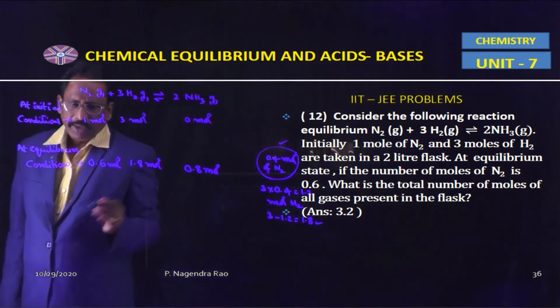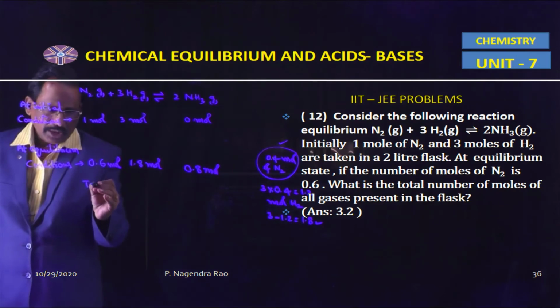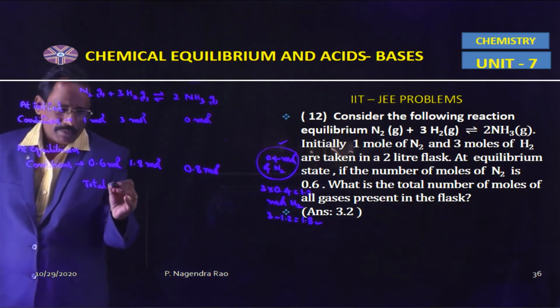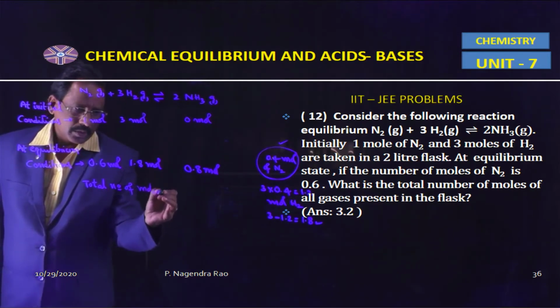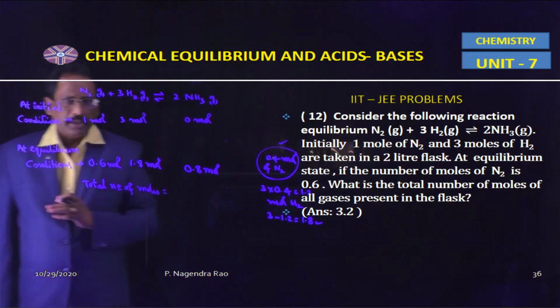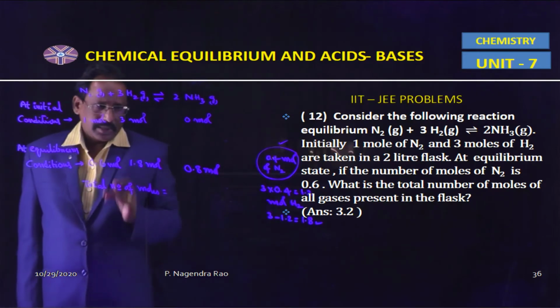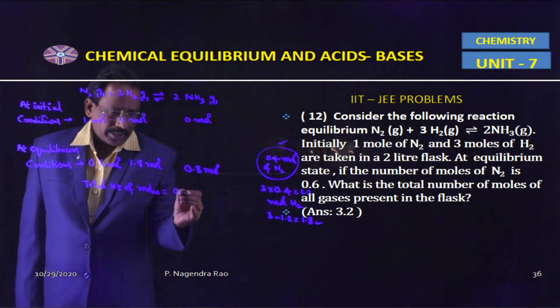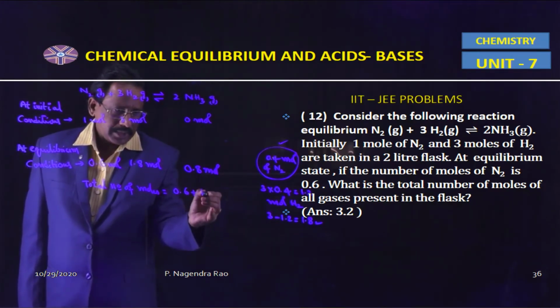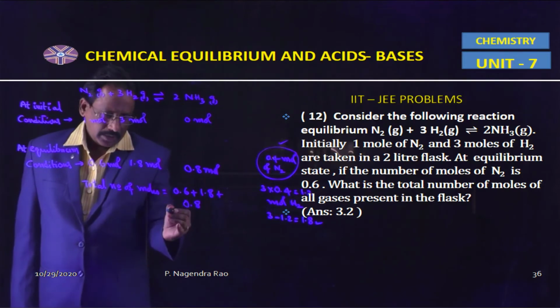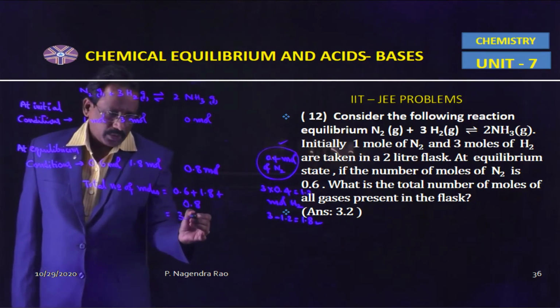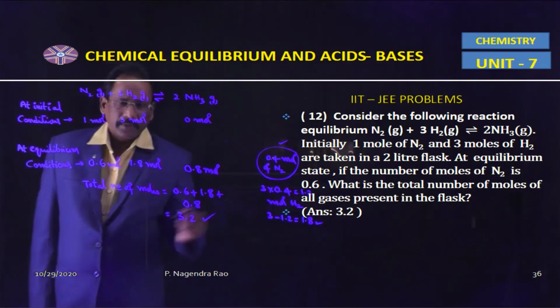Therefore, at the equilibrium stage, the total number of moles in this dynamic equilibrium process is equal to 0.6 plus 1.8 plus 0.8, that is equal to 3.2 moles.